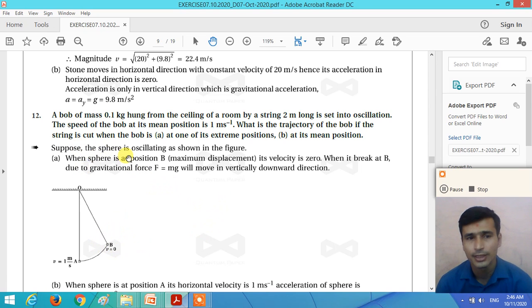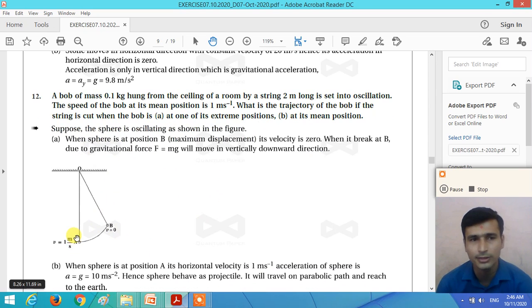Now here the bob is considered as a sphere, as shown in the figure. If you consider the sphere oscillating like this according to the simple pendulum, when the sphere is at position B, its velocity is 0.